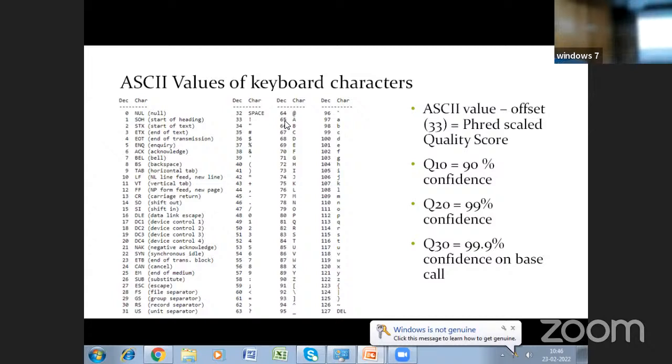What are the factors that affect it? See, it is a pretty automated process. Confidence in the base call is basically dependent upon the reagents you are using. Generally the quality decreases when your reagents are running low, in the very last steps of sequencing, so sequencing will not be okay.